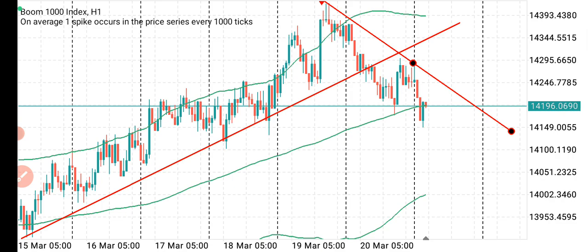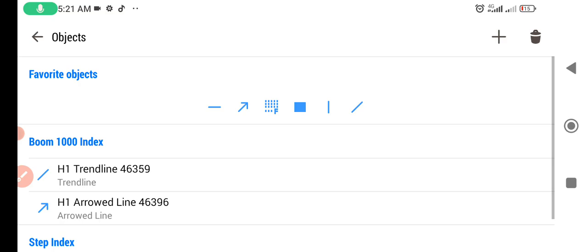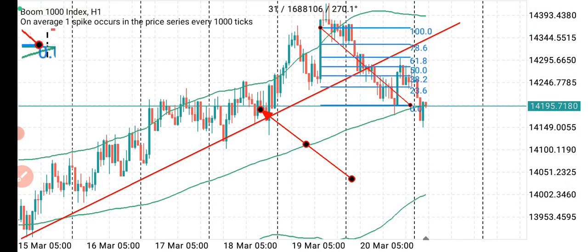And for you to make your entries, always make your entries for a sell at your premium zone. Make your entry at your premium zone. For now, we have a break of structure based on this 1 hour time frame for a sell. And what do we do?